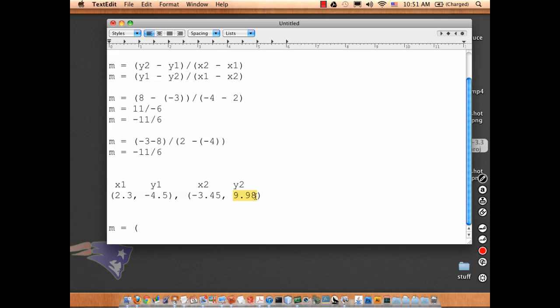That one. This one, okay? So what you're going to do is write 9.98 minus negative 4.5, divided by, now it's not your choice anymore. You chose this one, which means now you have to choose this one. Does that make sense? So negative 3.45 minus 2.3.